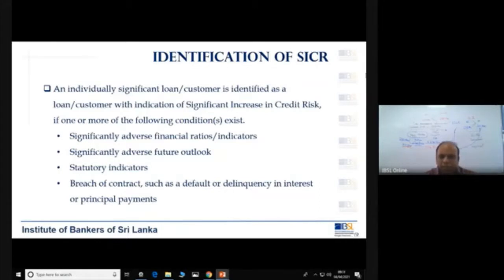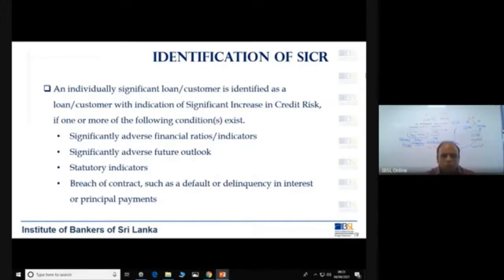So as a person who is looking at it from a financial perspective, the best thing that we can do is to look at the financial statements of the customer, right? I told you when we were doing the financial ratios, this is one such indicator to identify and know about your customer.